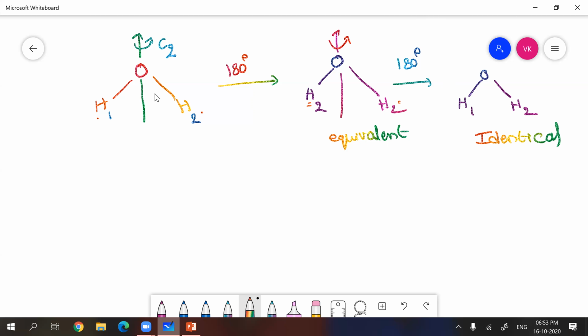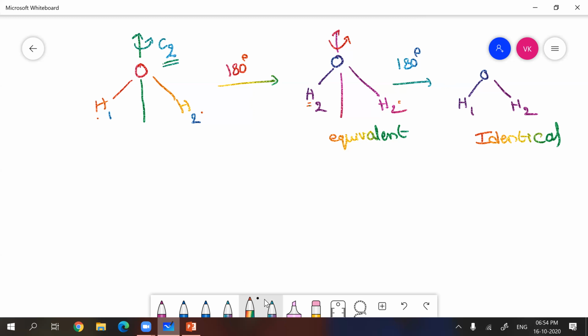What is an equivalent structure? What is an identical structure? Equivalent means we can't practically differentiate the molecule and the atoms, but you can see the places have been changed here. But when you do it a second time, you are back at the same places as usual, then it is said to be identical. Then we can call this element a symmetry element and this operation a symmetry operation.